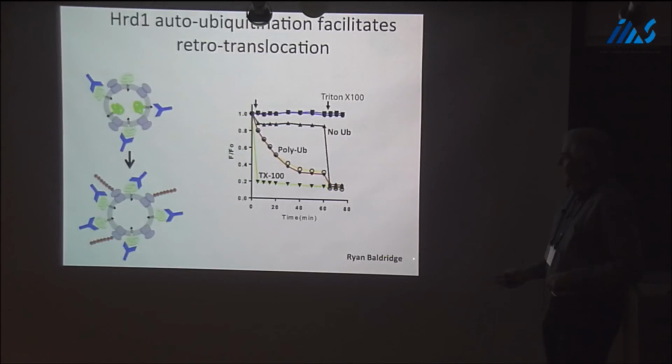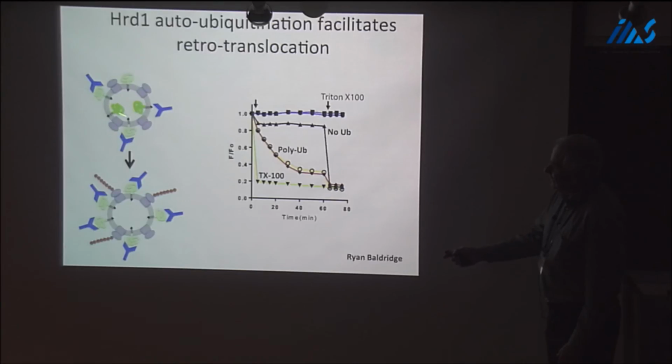So Ryan actually developed another assay to test for retrotranslocation. What he did is he modified the large domain with another dye, and we have an antibody to that dye that quenches it. So all molecules that have the large domain on the outside will react with the antibody and will be quenched right away.